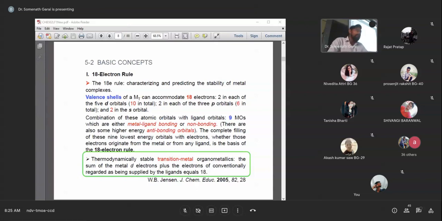The idea is basically the same: in every case, if the octet is not filled or the 18 valence electrons are not filled, if there is a vacancy in the last shell, then definitely some electron can be taken or some electron can be donated, and that will involve the reaction of that particular complex. Correct?